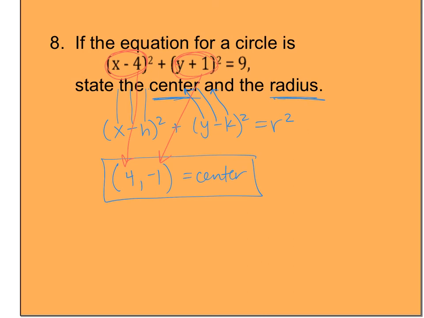So really you take the opposite of whatever you see in the parenthesis. Now r squared is 9. So if r squared equals 9, then take the square root and r equals 3. So the radius is going to be the square root of whatever is at the back of the equation.